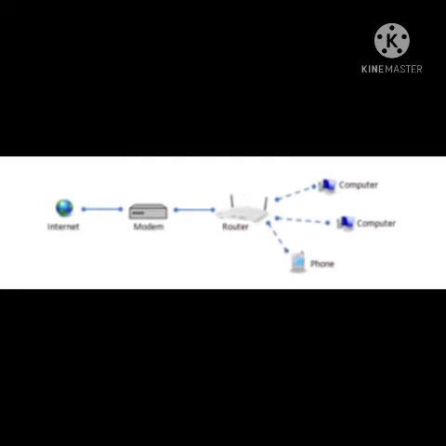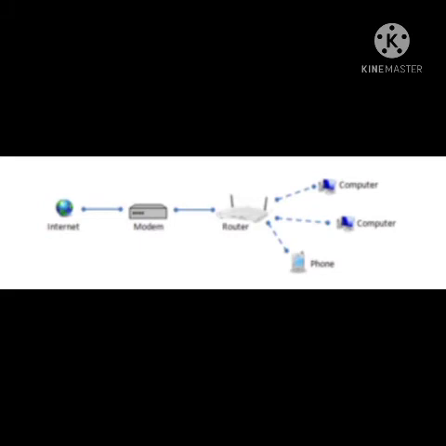Student, what is the basic difference between a modem and a router? See, a modem transmits and receives data through telephone or cable lines and is used to connect a single computer or an entire home computer network to the internet service provider.